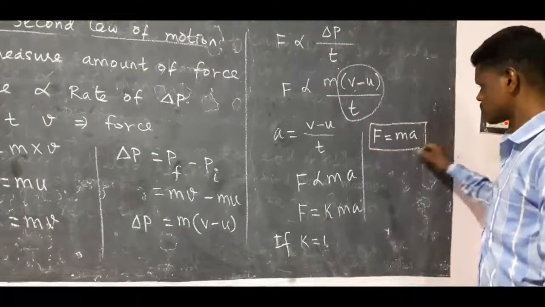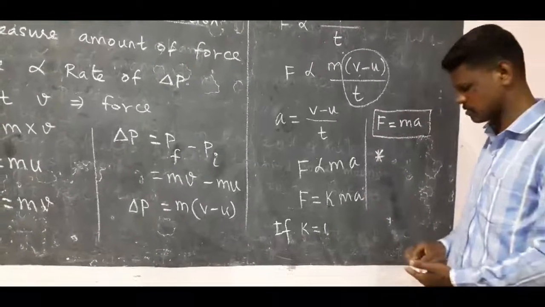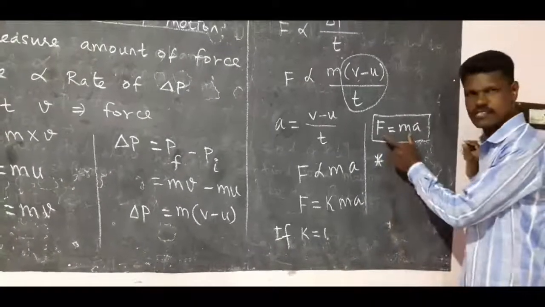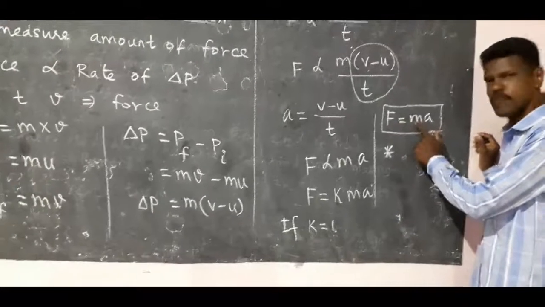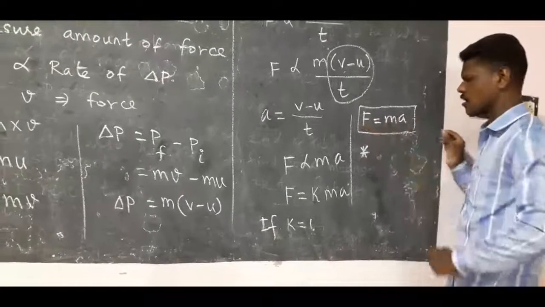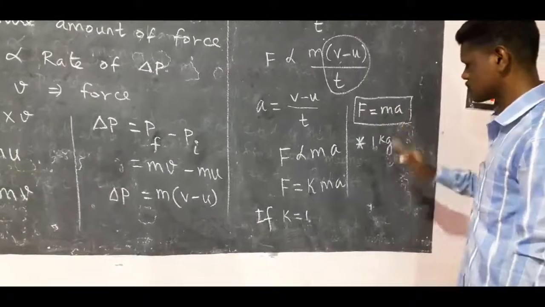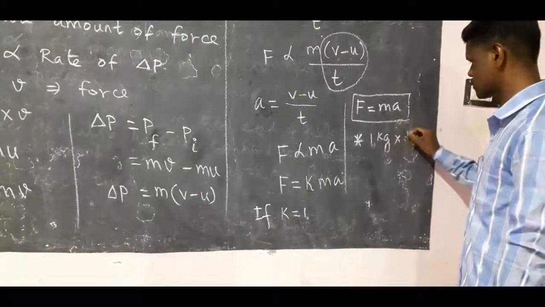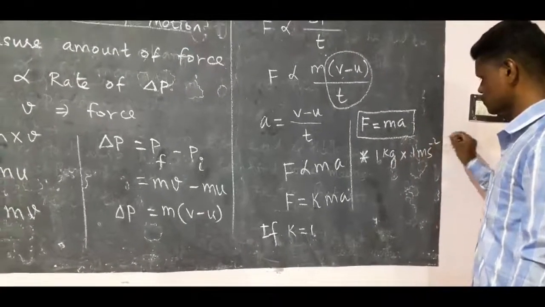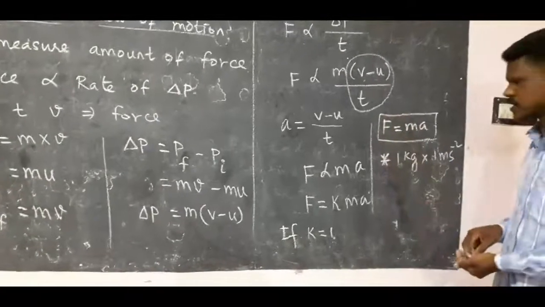So that's another statement, a definition using this formula: the product of mass and its acceleration is called force. Or how can we put it? 1 kg, 1 kilogram is the mass, and the unit of acceleration is 1 meter second minus 2. So in this defined force we have explained this.